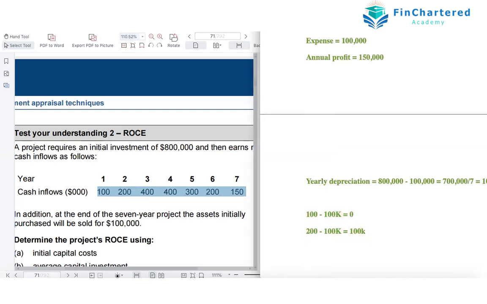The average is 100 plus 200 plus 400 plus 400 plus 300 plus 200 plus 150, divided by 7, and then you will directly just deduct 100,000 from the average. You don't need to do it year by year. Are you understanding, Nitesh? Yes, sir. I understand.